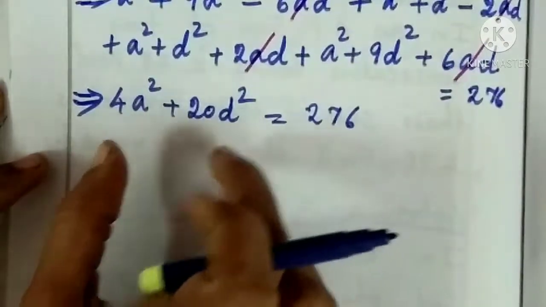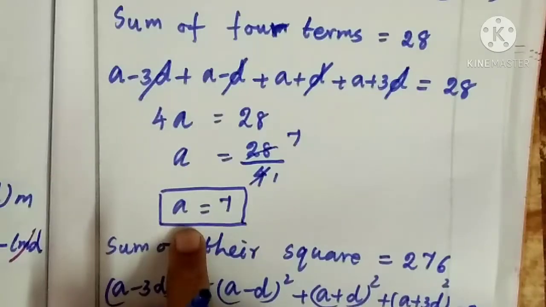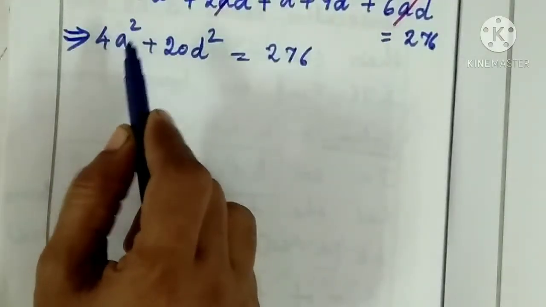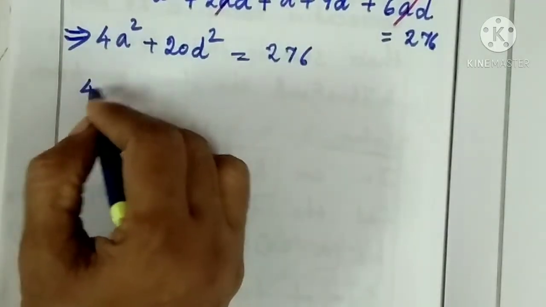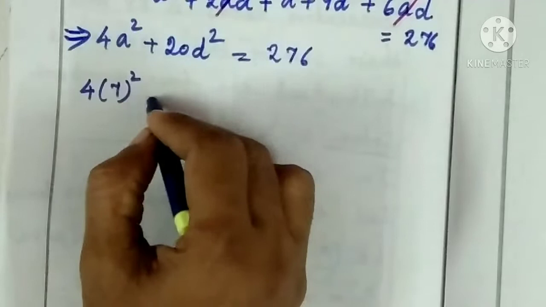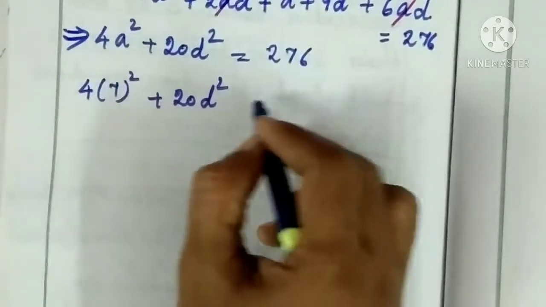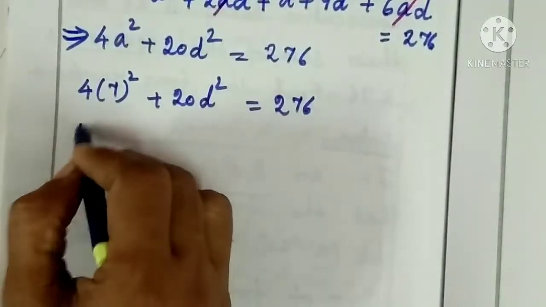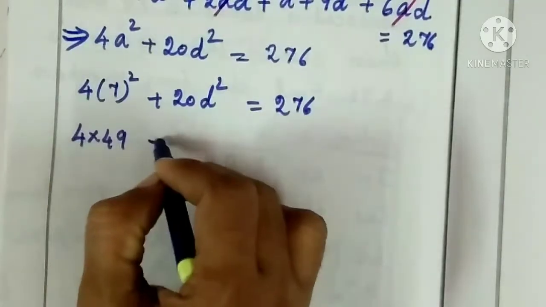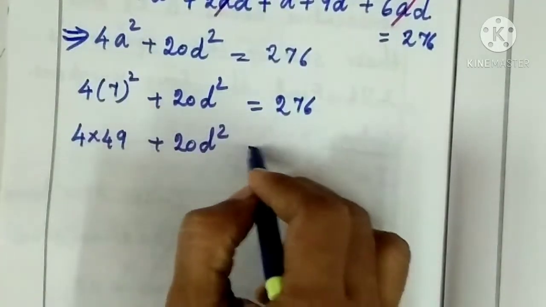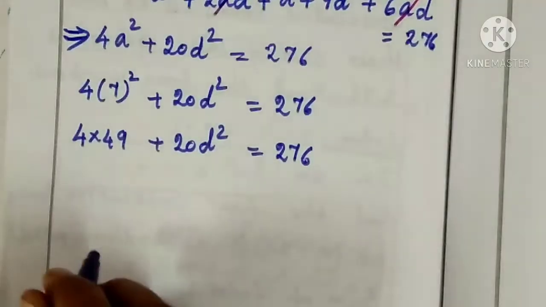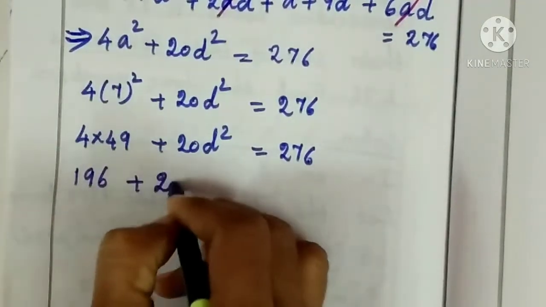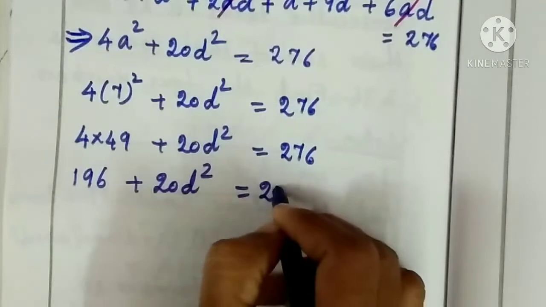Here you have to apply the value of a. In the previous step we found that a is 7. Apply 7 instead of a, that is 4 into 7 the whole square plus 20d squared is equal to 276. Here 7 squared is 49, so 4 into 49 plus 20d squared is equal to 276. Now 4 into 49 is 196, plus 20d squared is equal to 276.